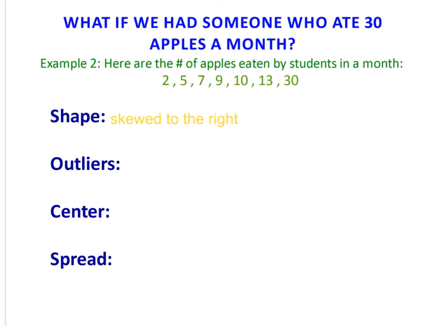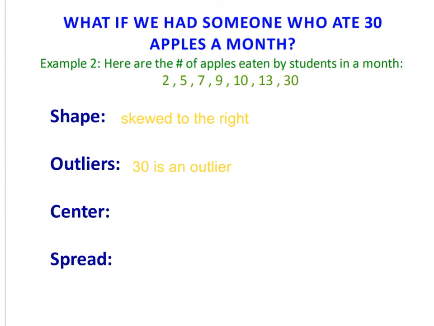It's skewed to the right because the right tail was much longer because I have this outlier at 30. The outlier: 30 is an outlier, and I know that because of the 1.5 times IQR rule. We could even edit this and say 30 apples is an outlier if we wanted to give context.